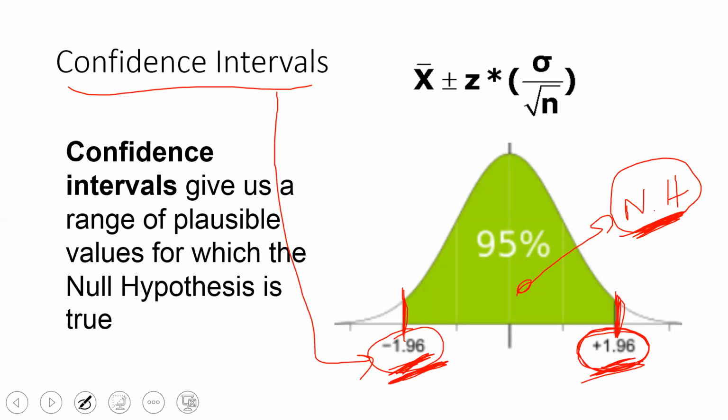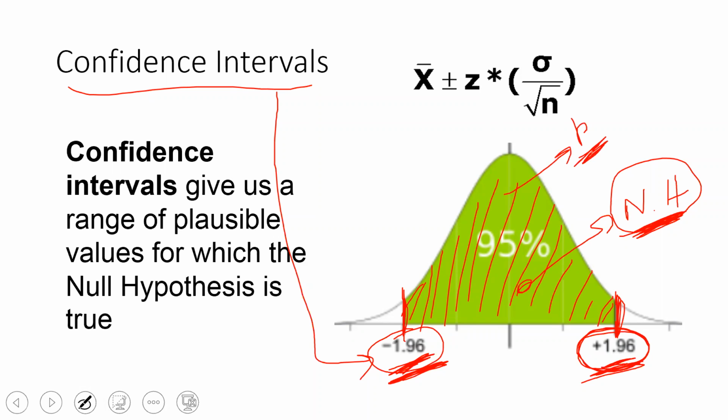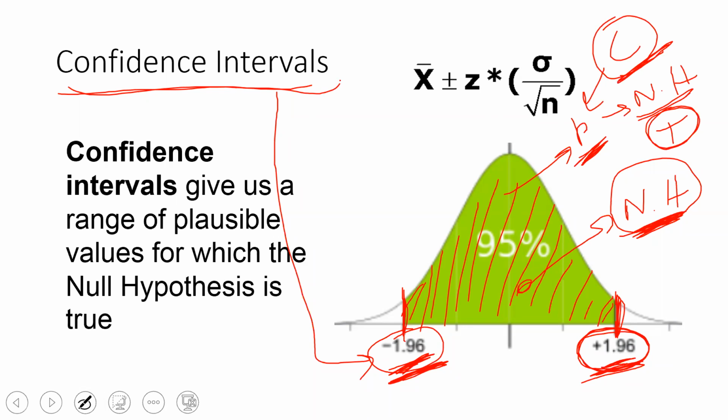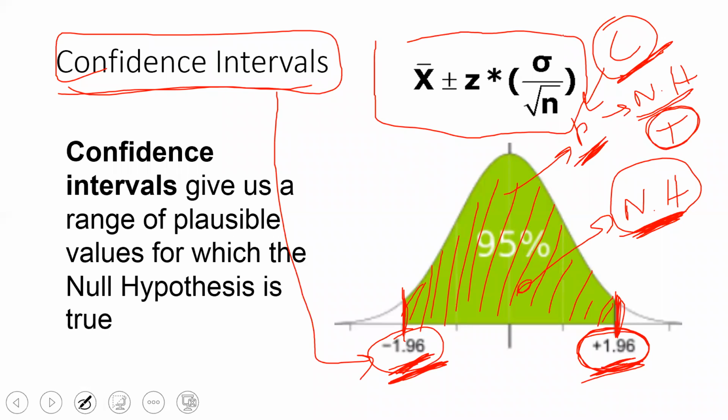If we find the area between these confidence intervals, then I will get the probability of the null hypothesis being true, and that is known as the confidence. So confidence and confidence interval are different things. The formula for confidence interval is x bar plus minus z into sigma by root n. Don't worry, we'll do some numericals, then this will be more clear.